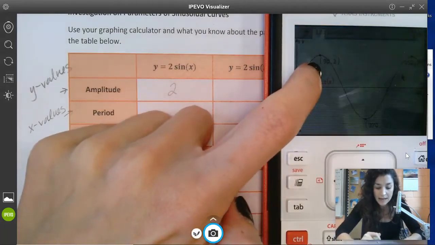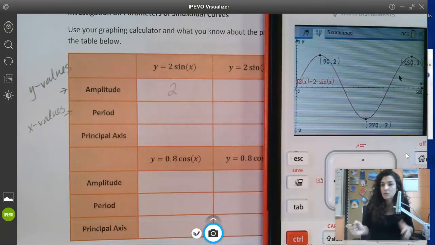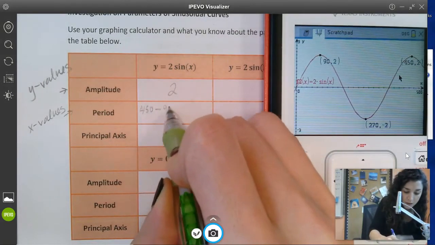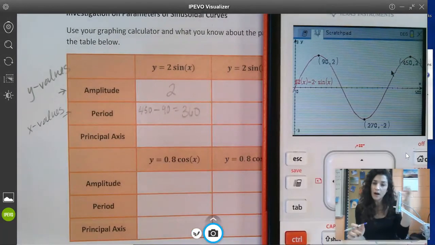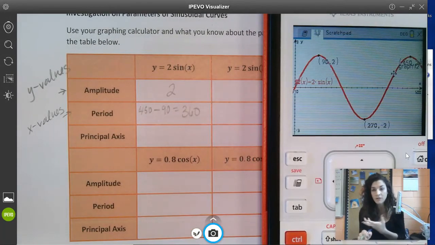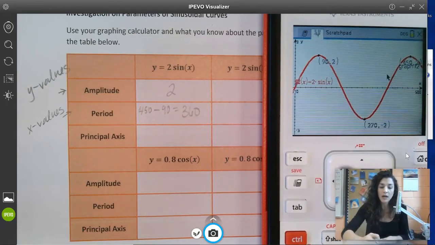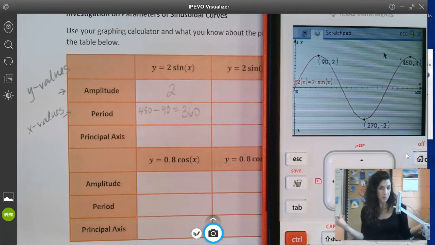So it goes from 90 to 450. So what is the distance between 450 and 90? Well, if I subtract them, that gives me 360, which you're like, okay, 360 is a full cycle of angles, right? So kind of making those connections there. Okay, so 360 is my period. No unit of measurement, it's just the period is 360.